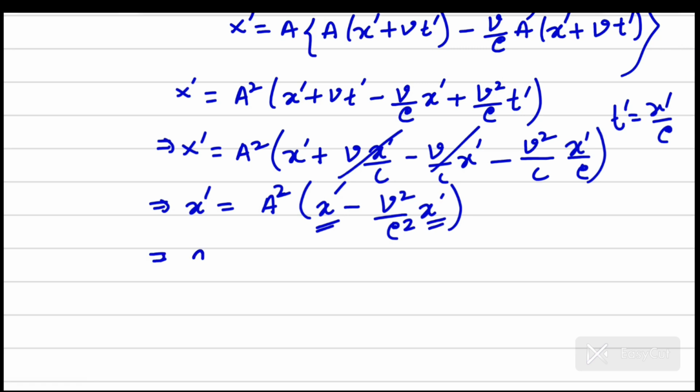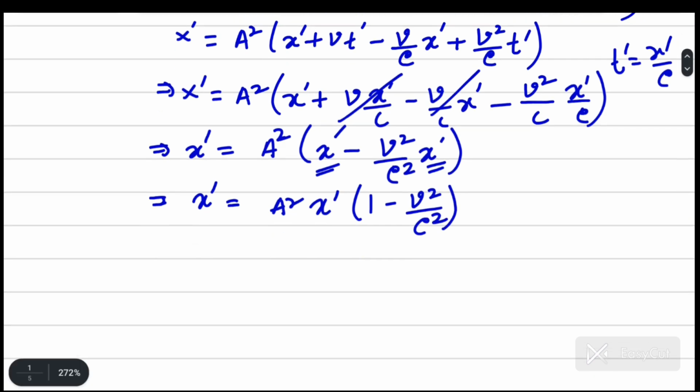So x prime equals a square x prime times 1 minus v square upon c square. So this x prime and x prime get cancelled out, resulting in 1 on the left hand side of the equation.